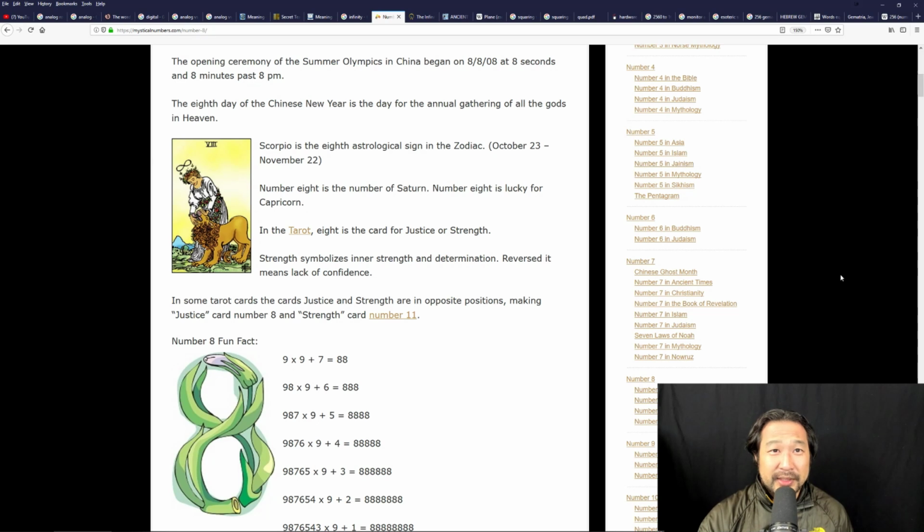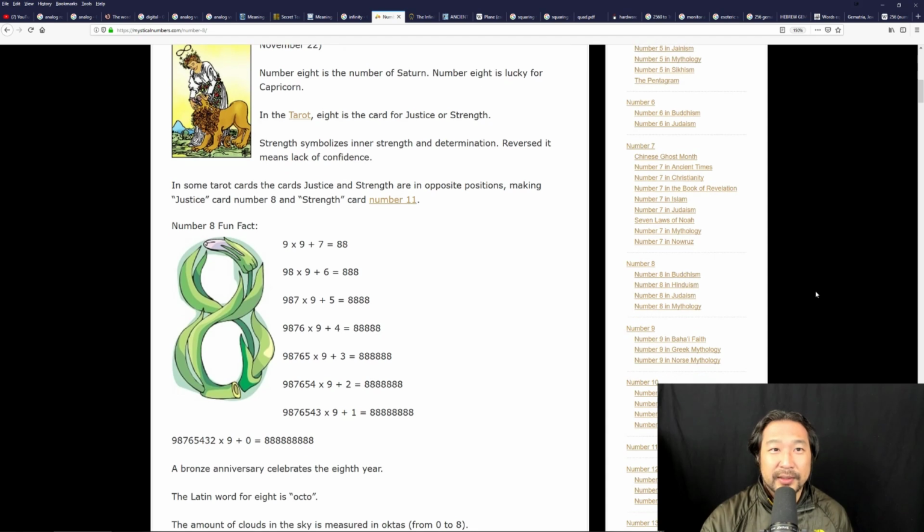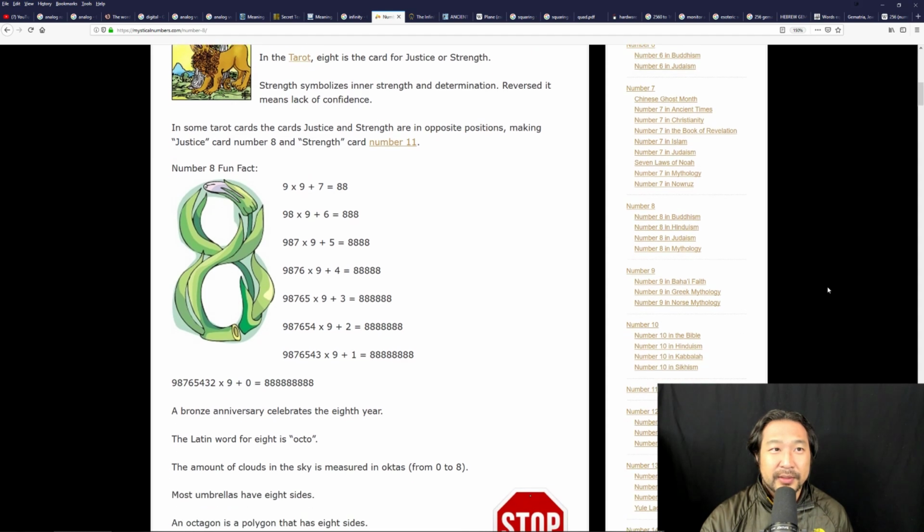The Scorpio is the 8th. We went over that. Number 8 is the number of Saturn. Number 8 is lucky for Capricorn. In tarot, 8 is the card for justice or strength. Strength symbolizes inner strength and determination. Reversed, it means lack of confidence.